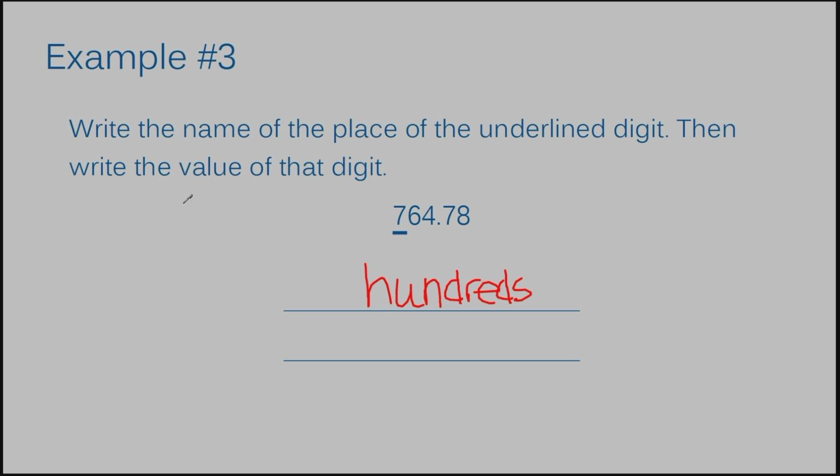Then write the value of that digit, and the value of that digit, the 7, would be 700, because that 7 is telling you that you have 7 hundreds. Okay, if I had literally 7 $100 bills, how much would that be? That'd be $700. Okay, let's move on to example number 4.